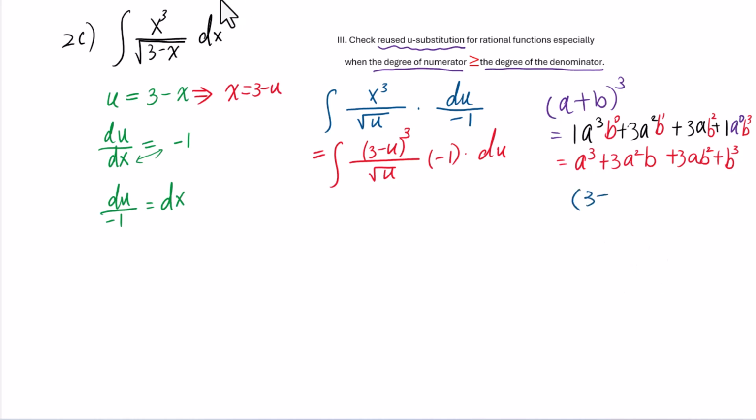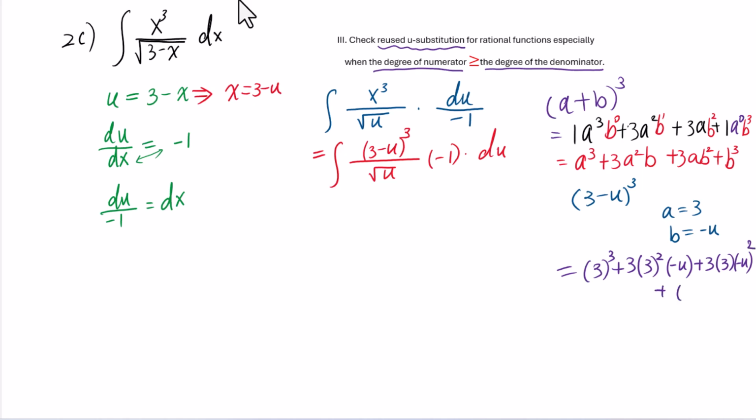We have 3 minus u to the third power. A equals 3, b equals -u. So we get 3 to the third power plus 3 times 3 squared times -u plus 3 times 3 times -u squared plus -u to the third power.